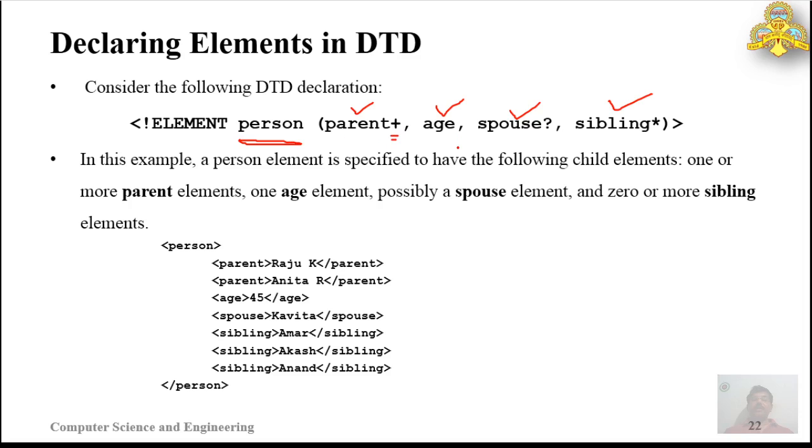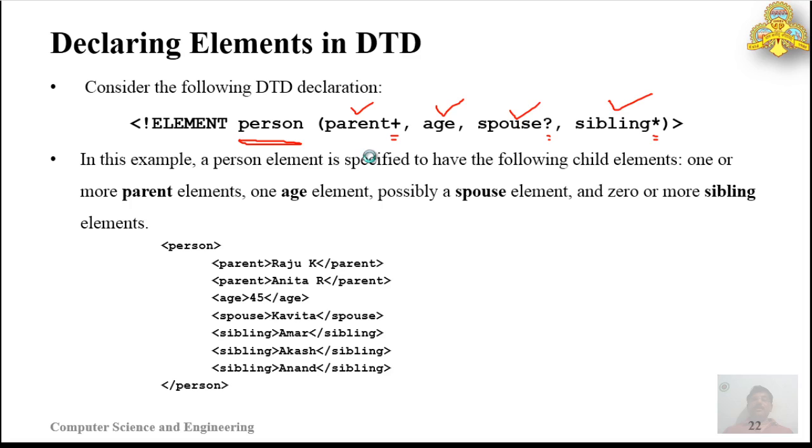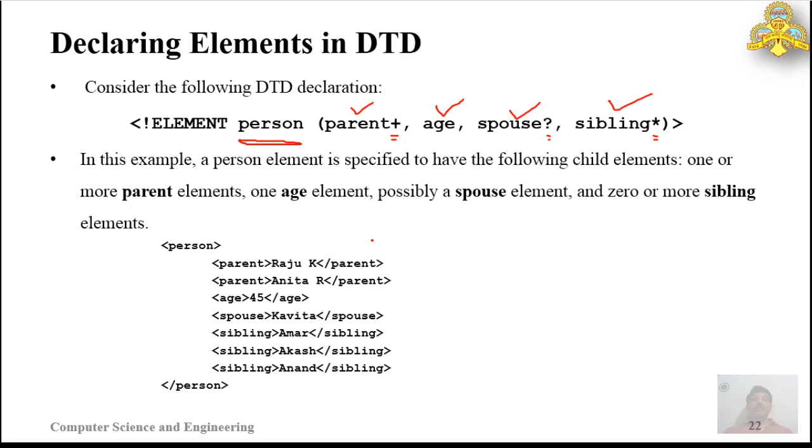Age does not have any modifier, whereas spouse element has one modifier and sibling has another one, that is star or asterisk. So let's go once again over what these symbols mean. Here plus means one or more occurrences. Say a person may provide his parent details, either only one or many, that is foster parents, biological fathers and also caretakers, etc.